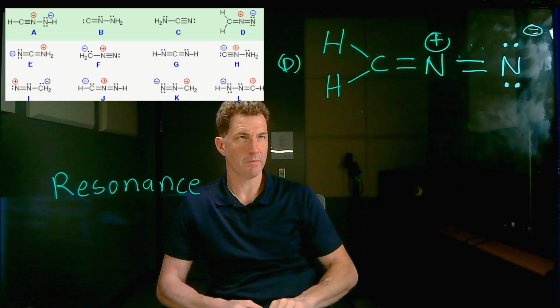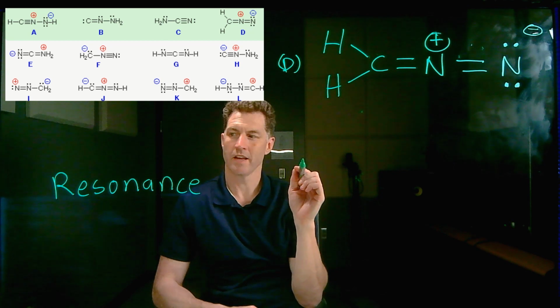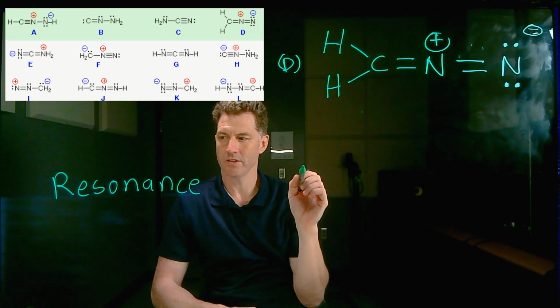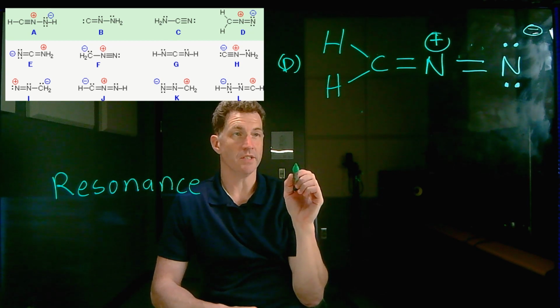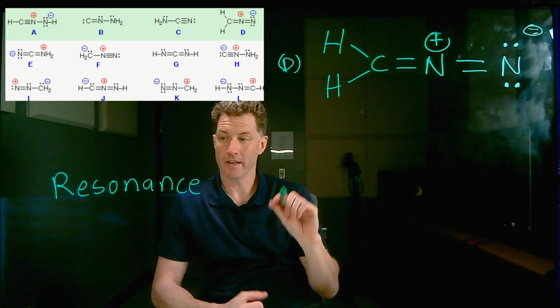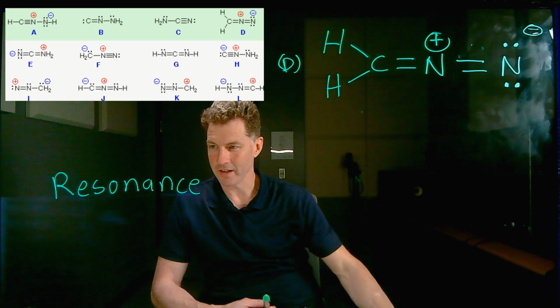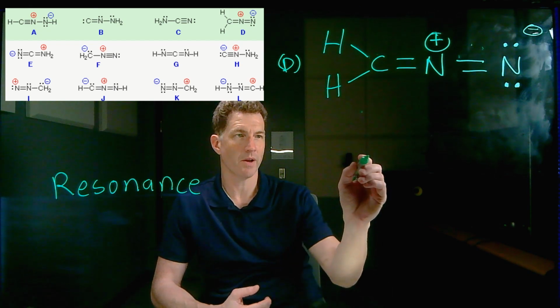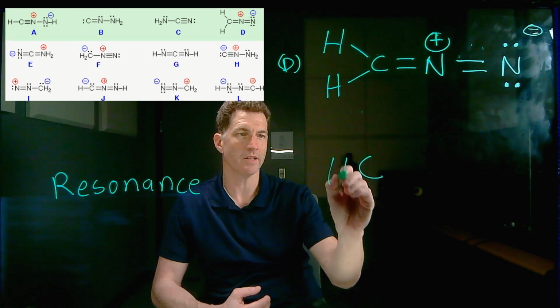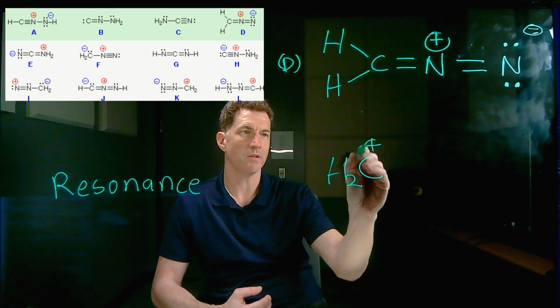Okay, I've tidied up our board a little here because I want to move on to the last structure, which is K. And again, K's in a situation where they've got it flipped around, but all I'm going to do is flip it the right way around so that it's showing us the same sequence.